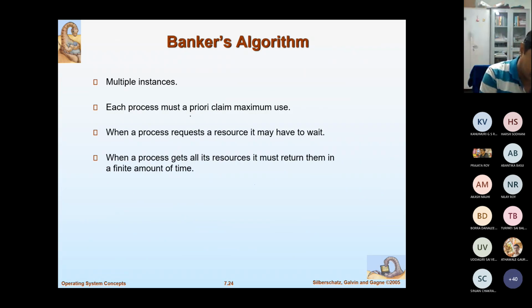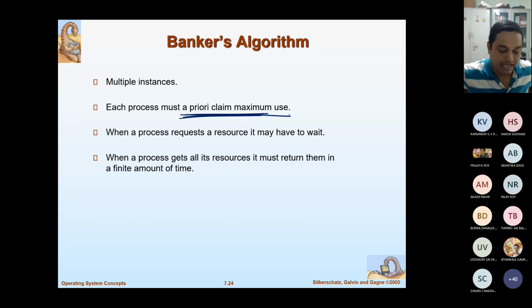Each process must a priori claim its maximum use. Practically, it may not always be possible that each process will declare its maximum requirement at the beginning.